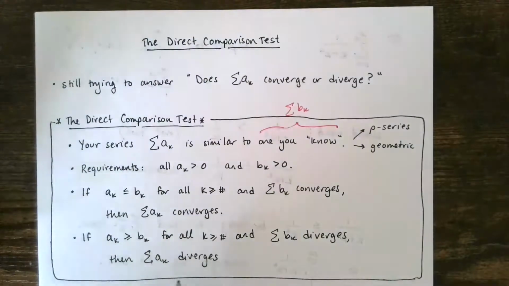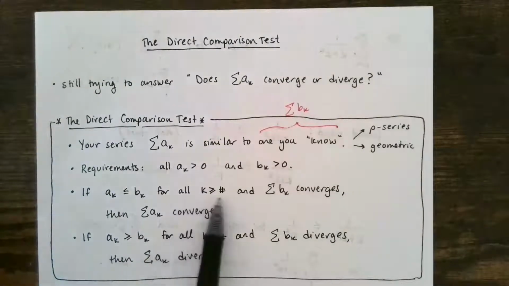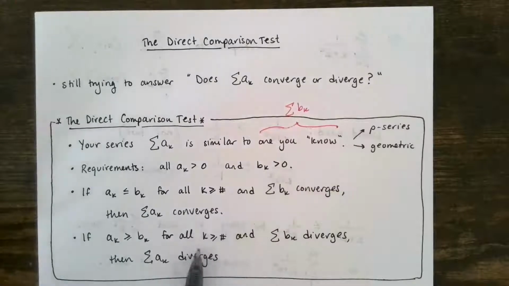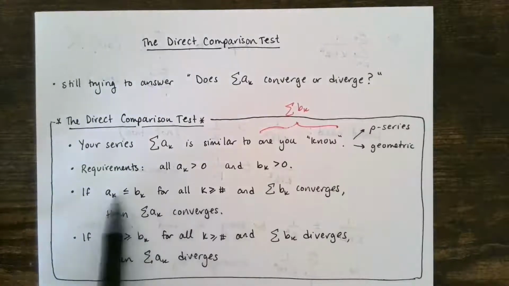One thing that freaks people out in this test is this extra phrase here, for all k greater than or equal to some number. It's in both sentences here. In the textbook, they say this for all n greater than or equal to capital N. It seems kind of unhelpful. What they're trying to say with this phrase is that this should always be true.